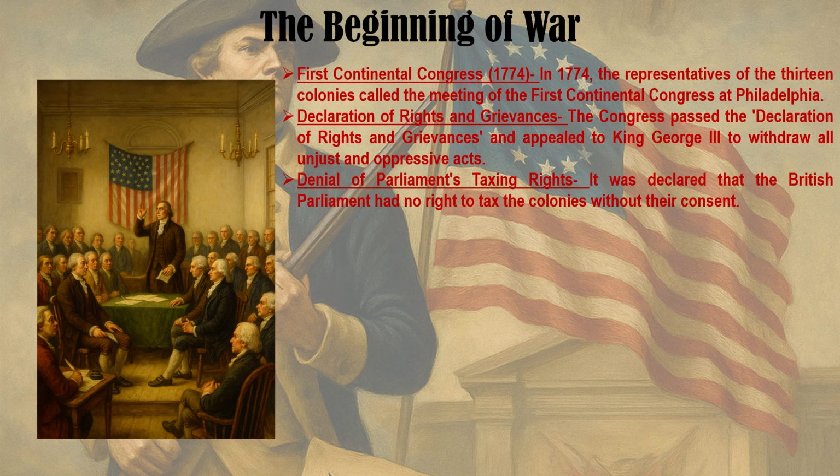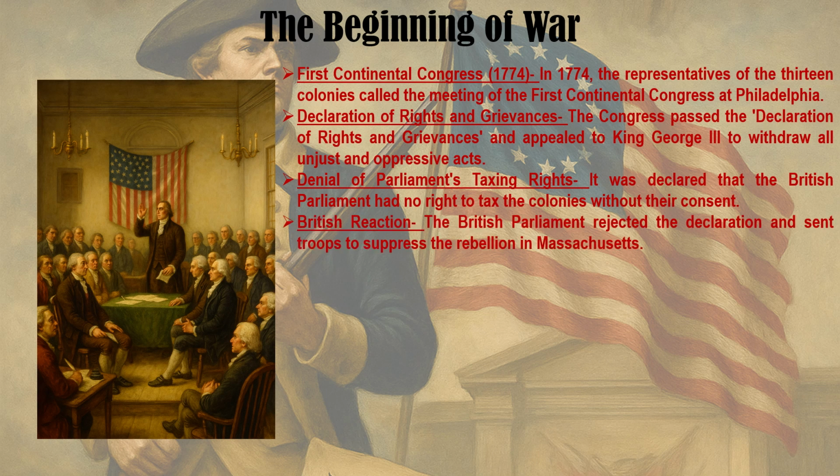It was declared that the British Parliament had no right to tax the colonies without their consent. So you cannot extract tax from the Americans if the Americans do not want it. Without agreement from the Americans, you cannot tax the Americans. That was the decision made in the First Continental Congress.